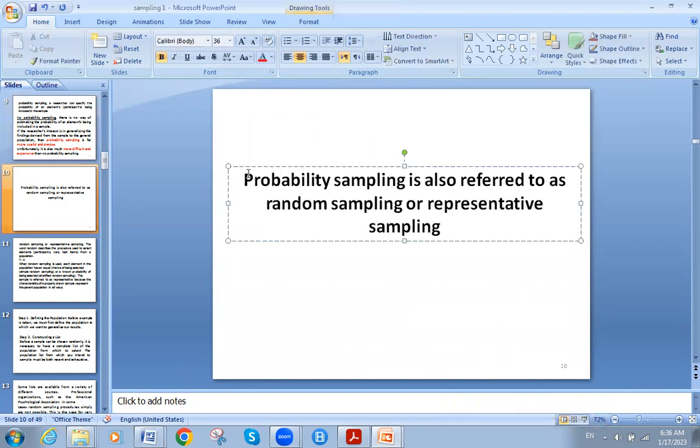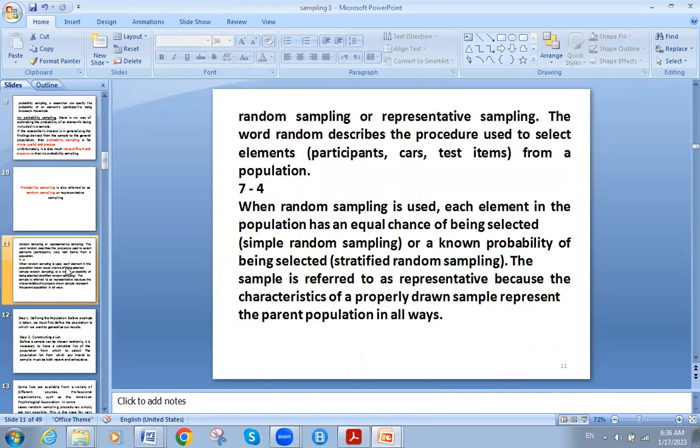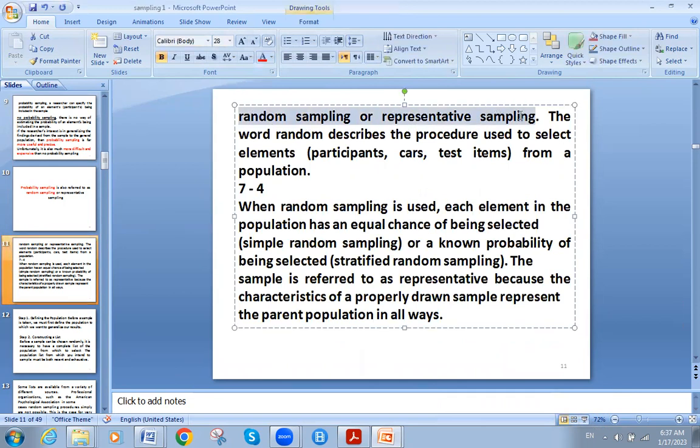Sometimes we use another name for probability sampling, which is random sampling. Random means giving the chances for all the units to be represented; the whole units have the same chance to represent the population. Random sampling, or representative sampling: the word random describes the procedures used to select the elements, for example participants, scores, or tests from the population.